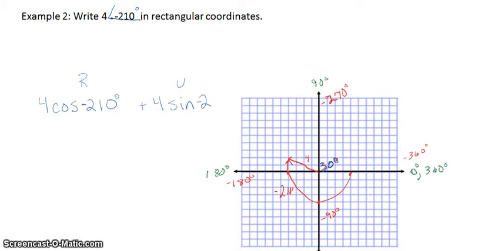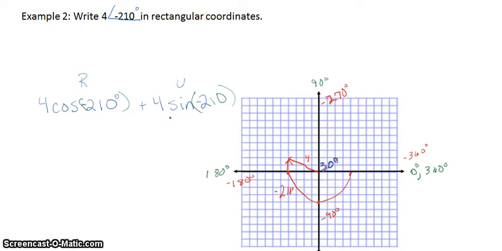So we haven't had these negative angles, but they do work the same, and you can just put that in with the negative angle to find your R and U. But it is good to know what angle is related, because later on we're going to look for perfect answers, or answers where you leave like a square root of 2, square root of 3 in your coordinates.